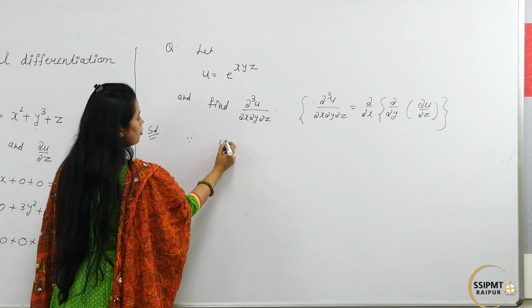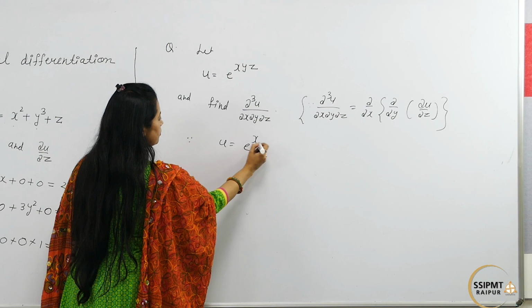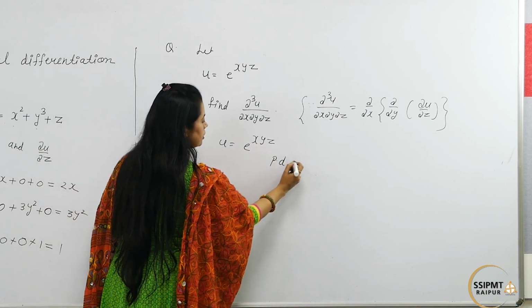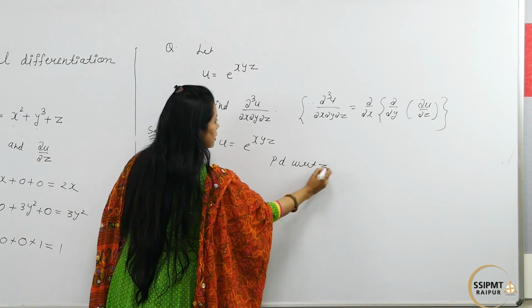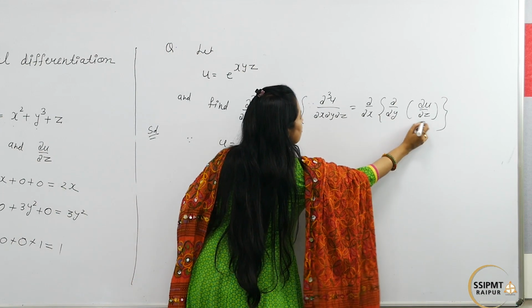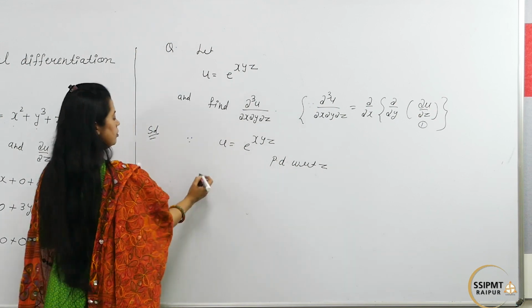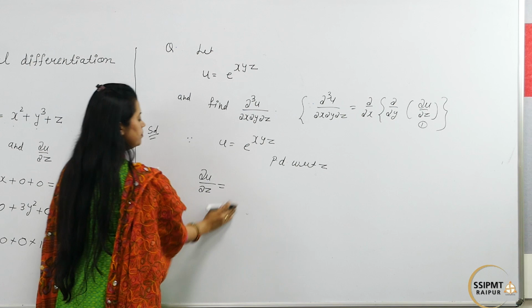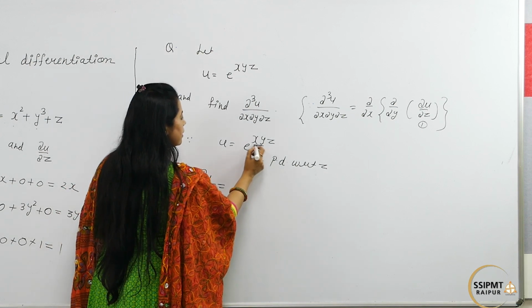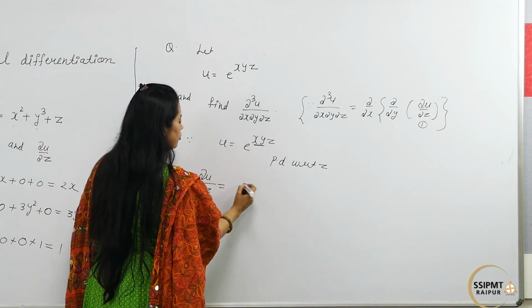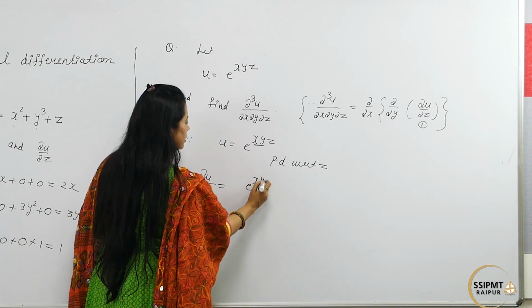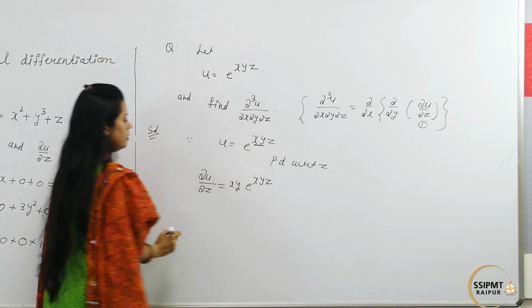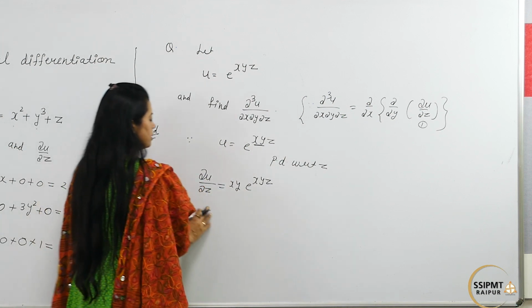Since u is e to the power xyz, when we partially differentiate with respect to z, since x and y are constants, del u by del z will be e to the power xyz into the constant xy. So this is our first derivative.